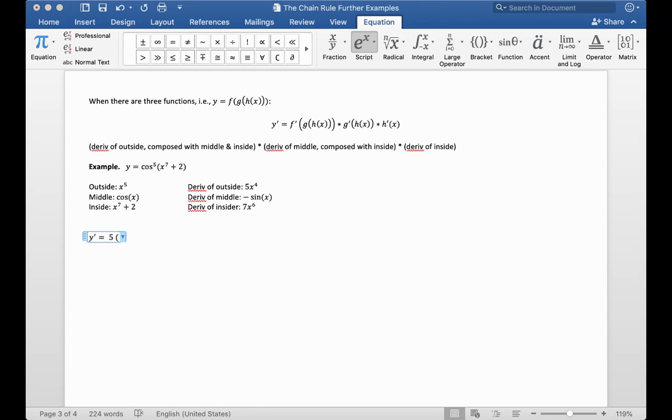So we'll put that here. So it's 5 something to the fourth times minus sine of something times 7x to the sixth.